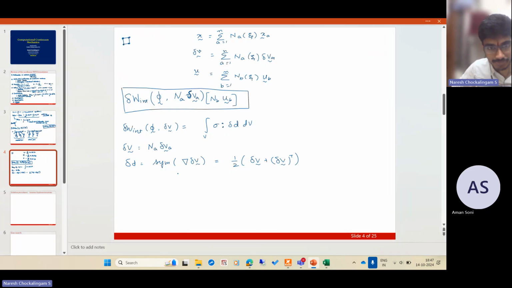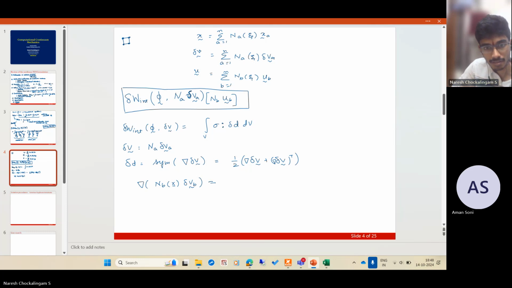So look at del V. Sorry, this is grad del V plus grad del V transpose. So the gradient of del V is the gradient of this quantity, which is the sum of NB of x times del VB. This del VB does not have any spatial dependence. Only NB depends on x.